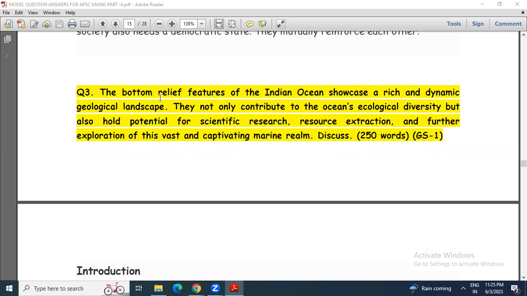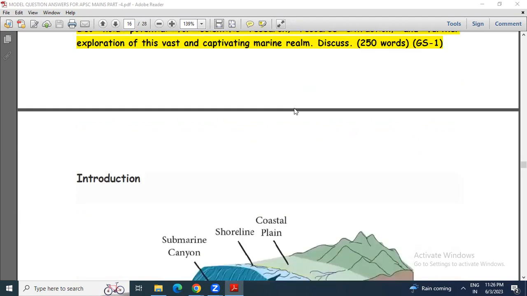Discuss. Here, most of the facts are already given. We just need to elaborate on why these things are there, why the bottom relief is a very rich and dynamic geological landscape. That's what we have to discuss.